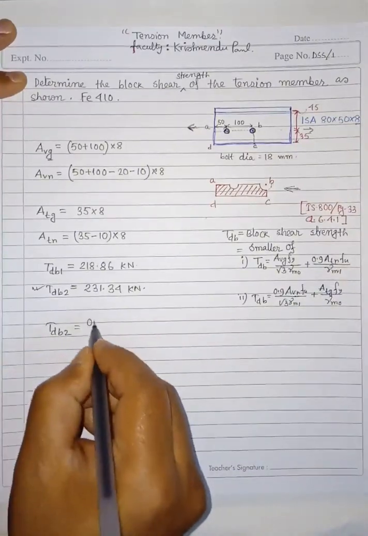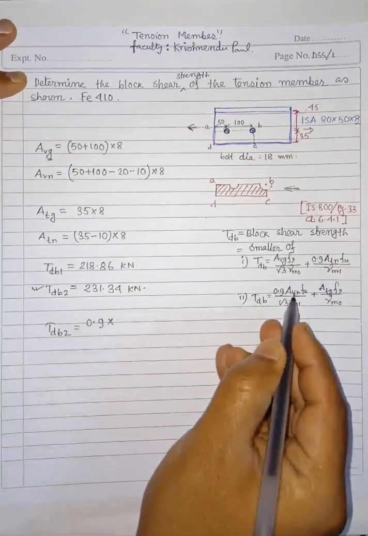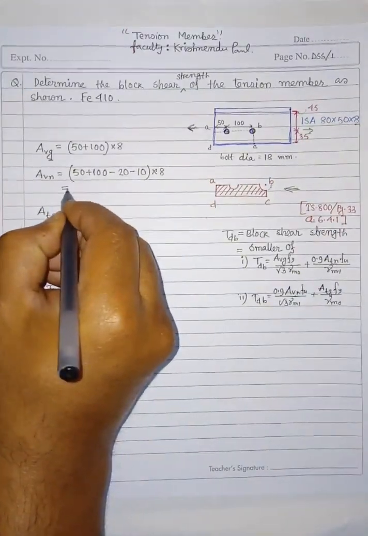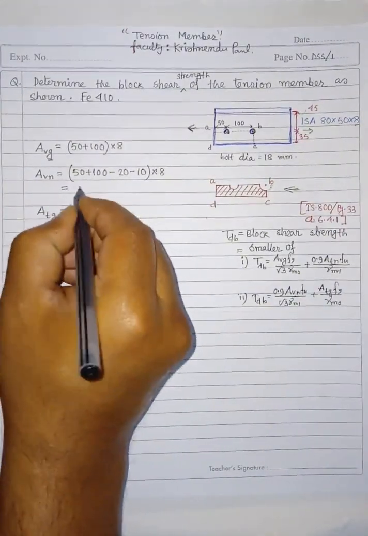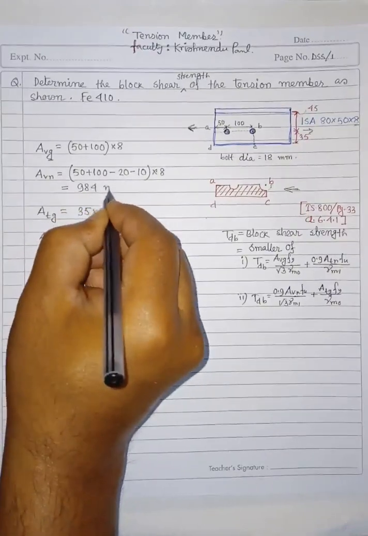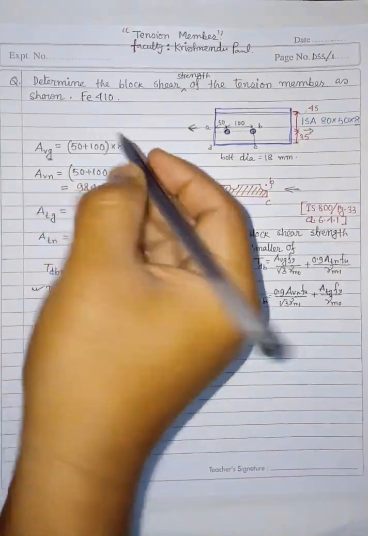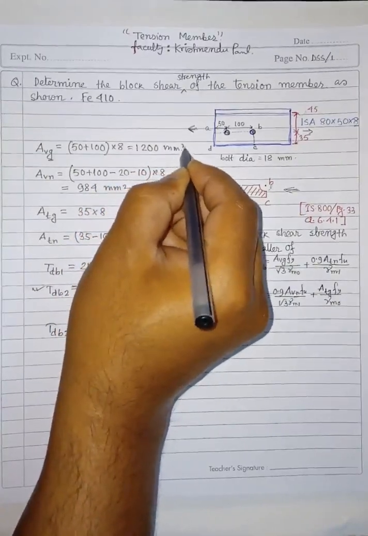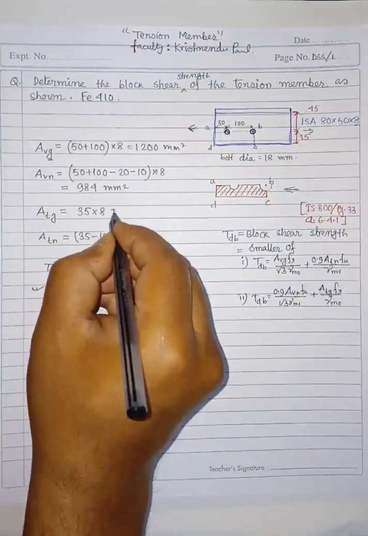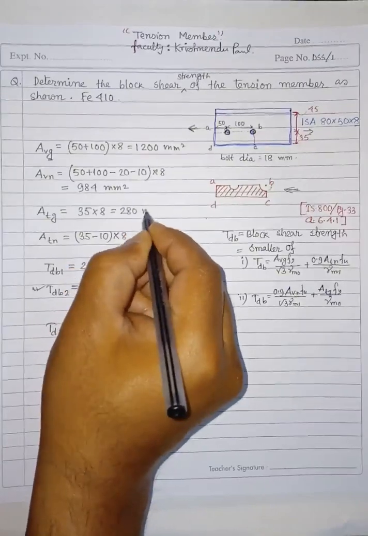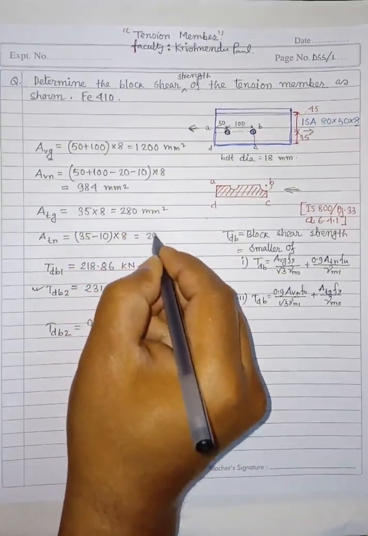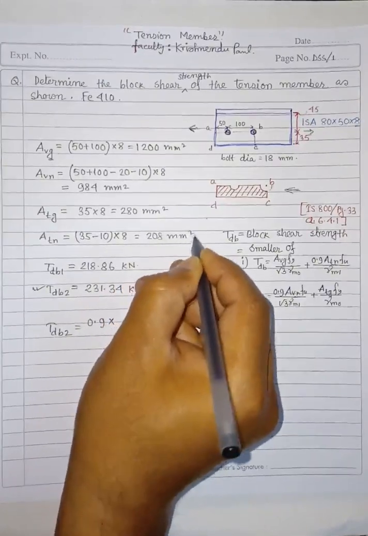0.9 into Avn, it should be, let me see, 984 millimeter square. Avg is 1200 millimeter square, Atg is 280 millimeter square, and Atn will be 208 millimeter square.